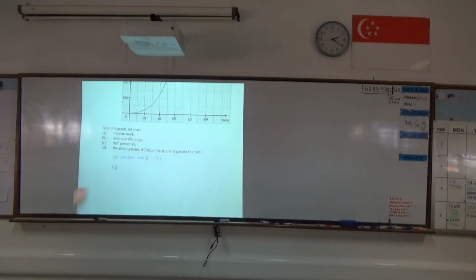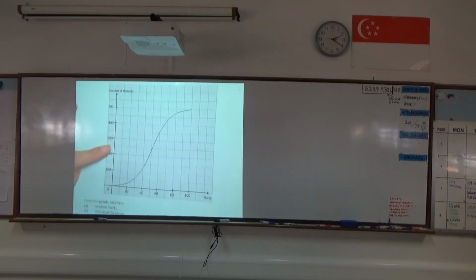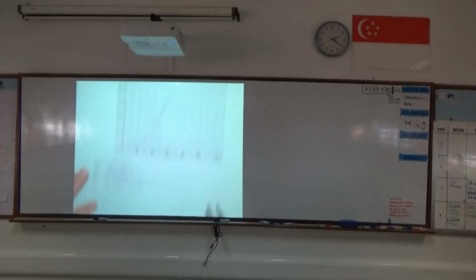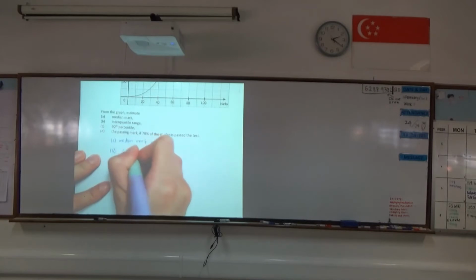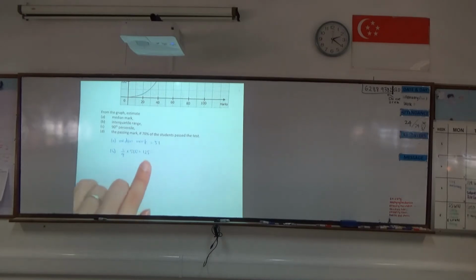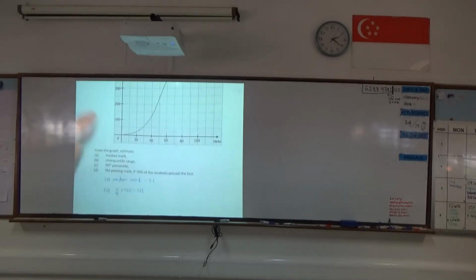Whereas for the interquartile range, it may be difficult to eyeball it and determine where the quarter is. So you may want to do some side calculation by taking 1 quarter times 500, which is equal to 125. So this is the position where the first quartile is going to be at. You go and look for 125.